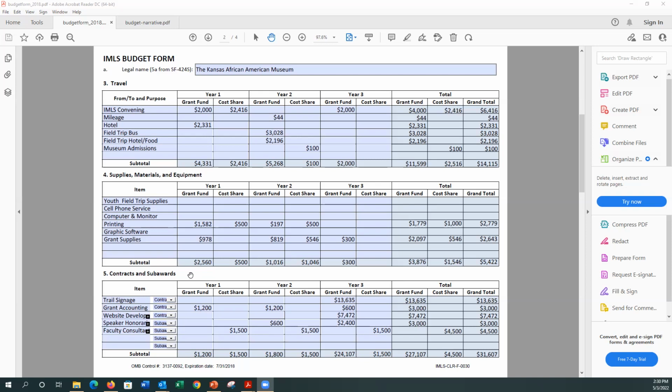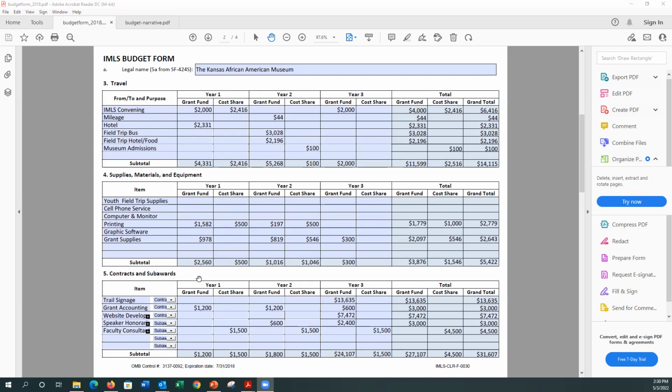Contracts and subawards. In this particular grant, they were providing a sign for each of the partner museums that said Kansas African American. And they were also providing some sub-grants for them to do an event marketing and announcing the History Museum.